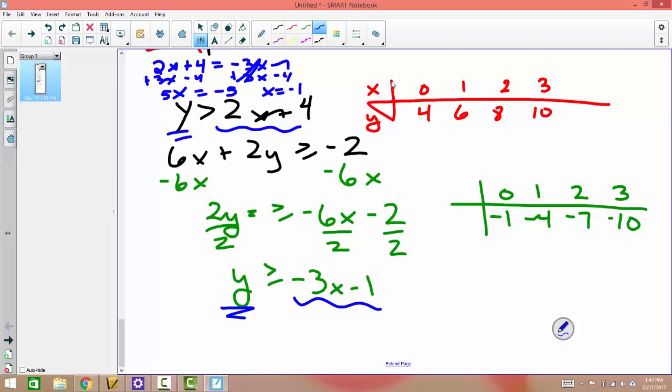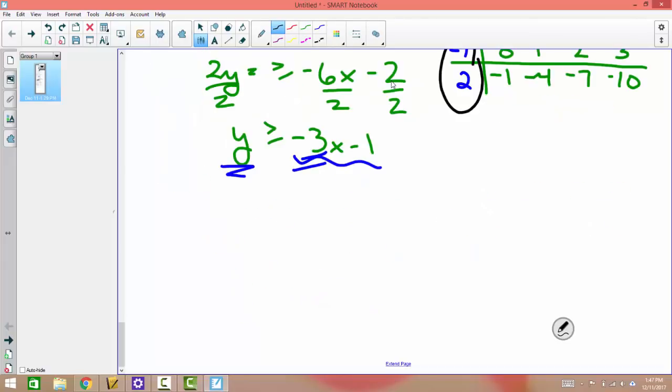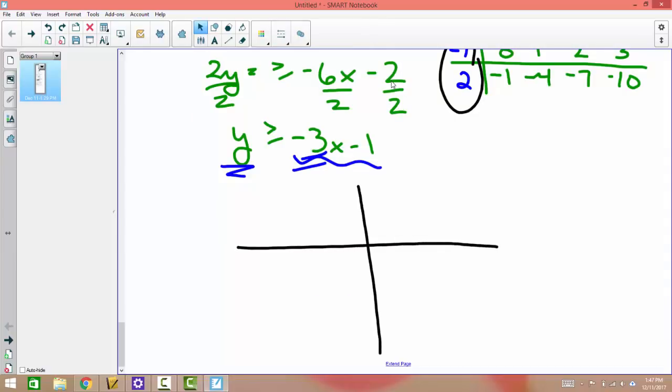Well, we might as well see if that's actually true. Remember, this is a slope of 2, so negative 1 would give 2. And this is a slope of negative 3, so negative 1 would give 2. So this is great. This point is where these two are equal. That's a really important point. Maybe you could have just found that on the table, not even setting them equal to each other, if you just go a little farther in both directions.